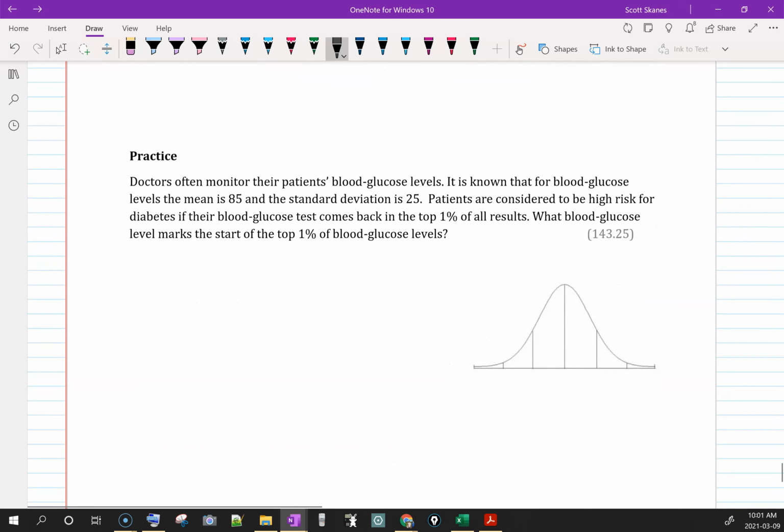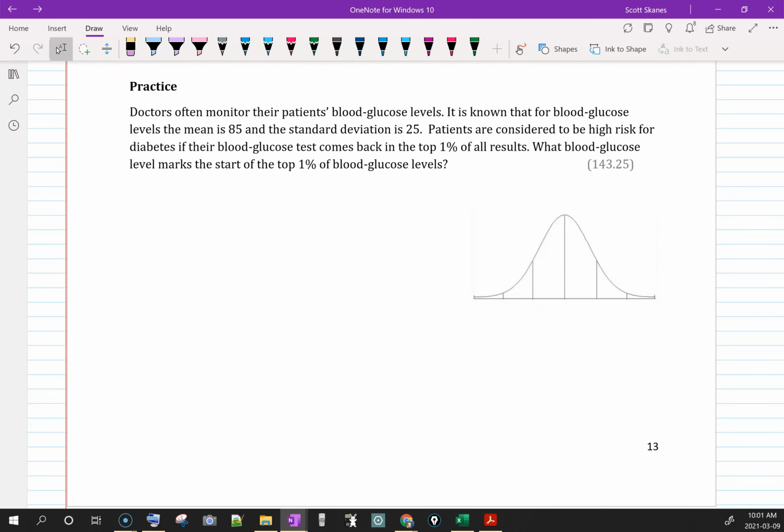The last practice question. Doctors often monitor their patients' blood glucose levels. It's known that for blood glucose levels, the mean is 85. So once again, the mean is going to be 85. The standard deviation is 25. Patients are considered to be high risk for diabetes if their blood glucose test comes back in the top 10% of all results.